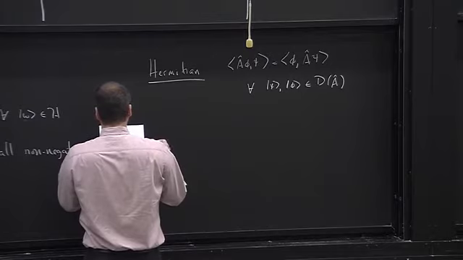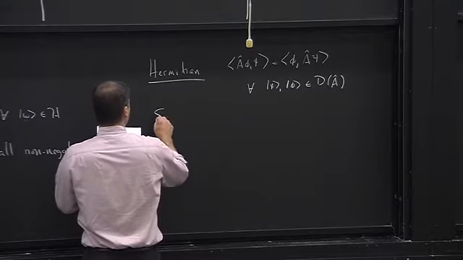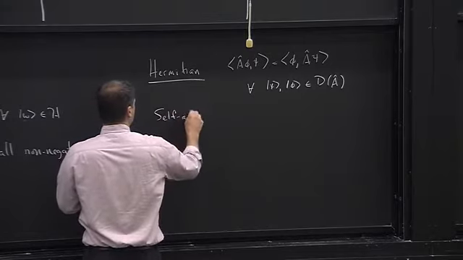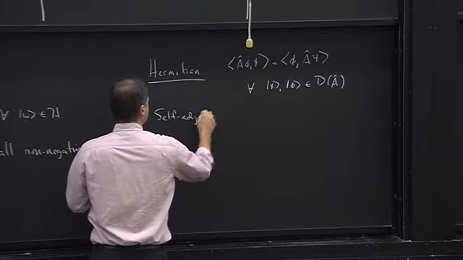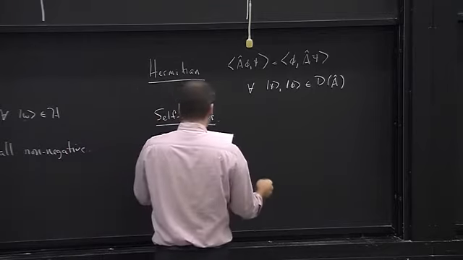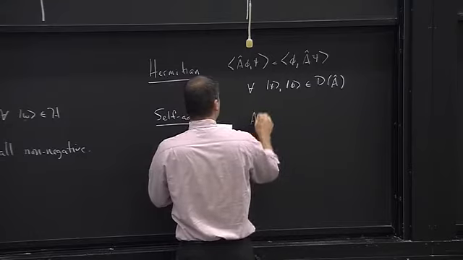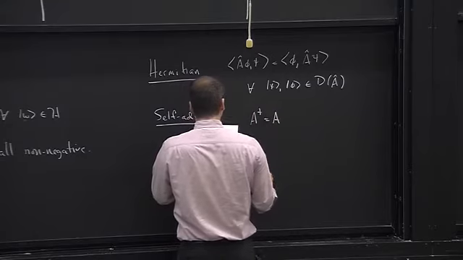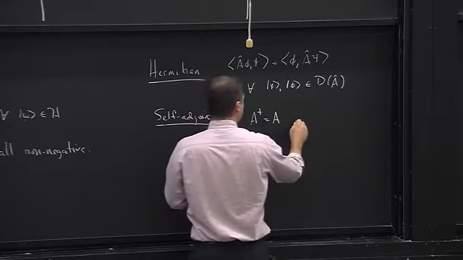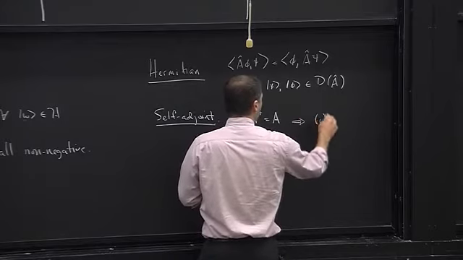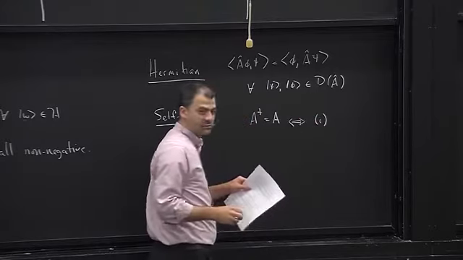So self-adjoint is defined by the condition A equals A dagger, and it implies two things. It's equivalent to two conditions, rather.